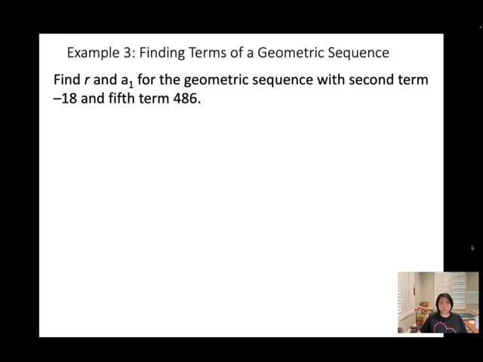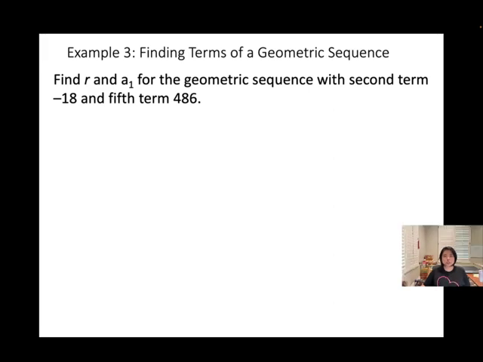Example 3. Find r and a1 for the geometric sequence with the second term equal to negative 18 and the fifth term 486. So write down the general formula. We're going to plug in a2, a2 equal to negative 18.